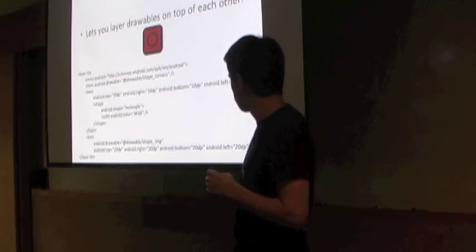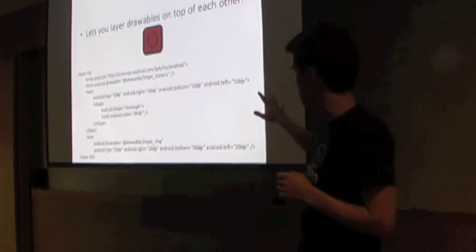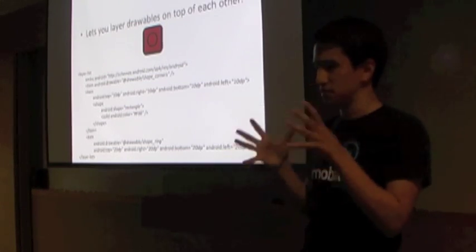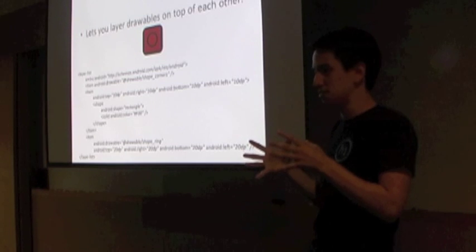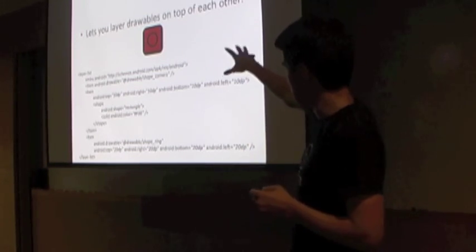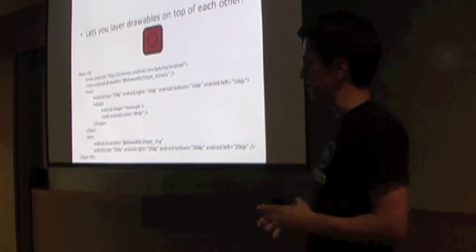You can see that the red square here I have defined inline. And there's one other cool thing about layer lists, which is that you can inset the drawables inside them so that the drawable doesn't have to take up the entire space of the background. So if it weren't for the inset, all of those images up there would be covering each other up. But because I can inset them by a certain amount, they're not.